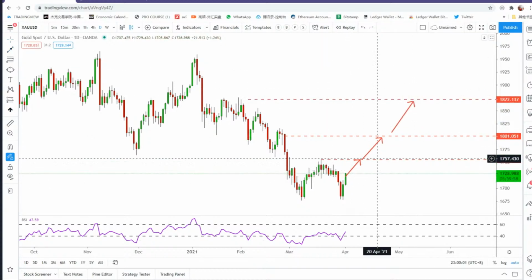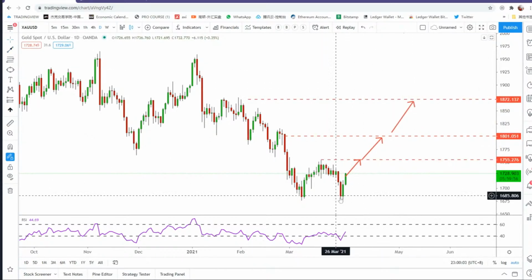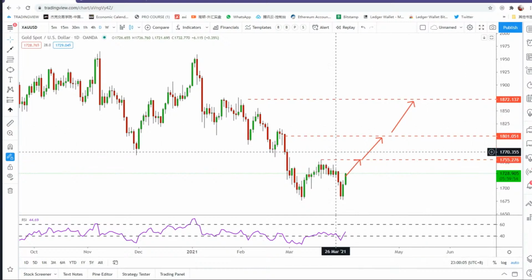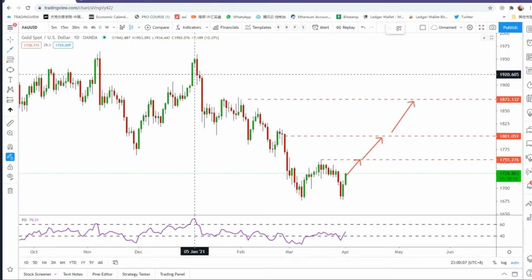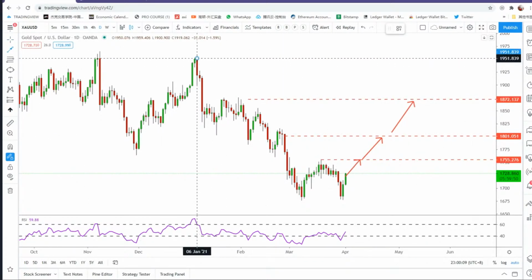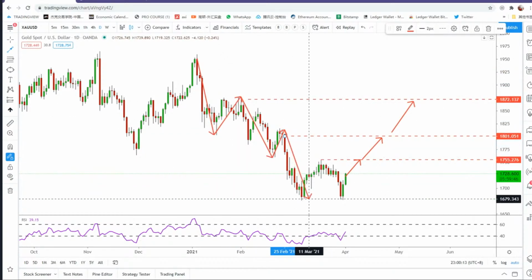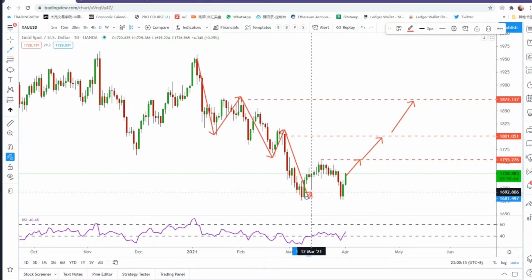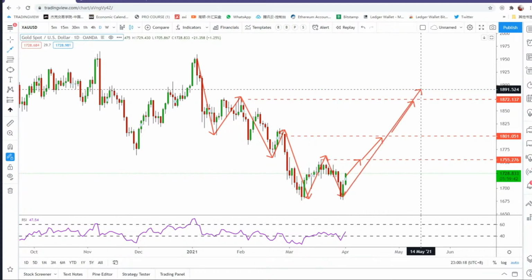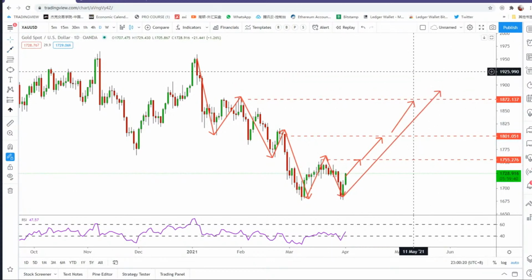I think gold will be doing a good job in the next few weeks, because the correction since January this year has ended. There are 5 waves, and now it's up. I recommend you guys, because the yield is going down, the gold will go up.